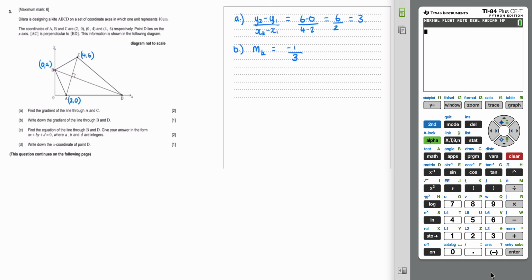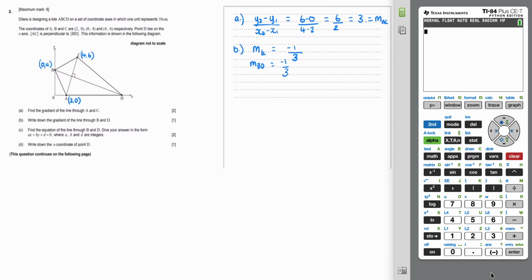So it's going to be -1/3, and that's the gradient of BD. The value we found earlier was the gradient of AC.